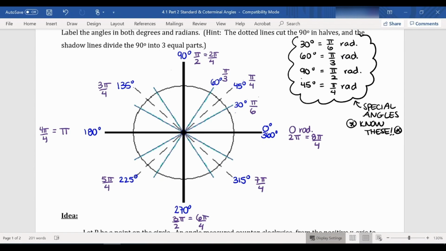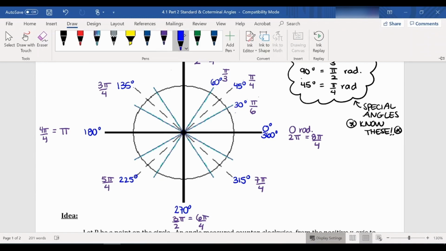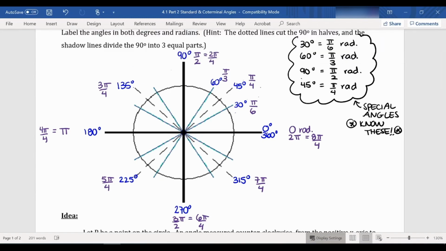Okay. We can do something similar with all of our iterations of 30 degrees. So 30 degrees was pi over 6. 60 degrees was 2 pi over 6, which happened to simplify to pi over 3. Then my 90 degrees would be 3 pi over 6, which simplified to pi over 2.